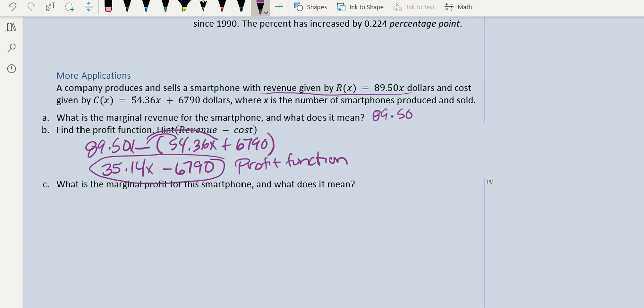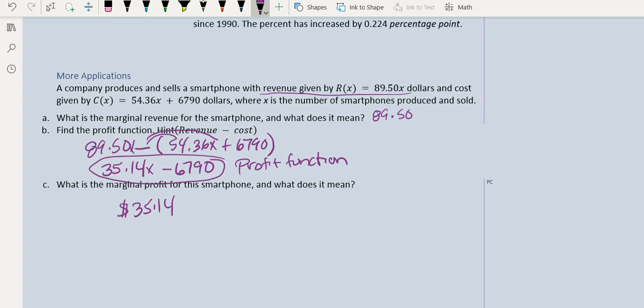So if we have a rate of change for the profit, which is the slope of the graph, therefore the marginal profit would be $35.14 per smartphone that's sold. All right. And the production and the sale of each additional smartphone will result in an additional profit of $35.14. Okay.